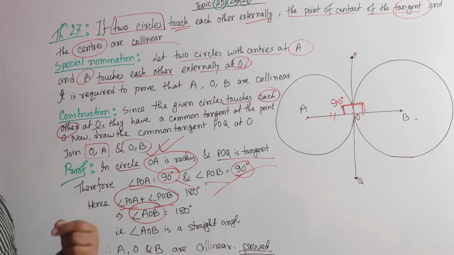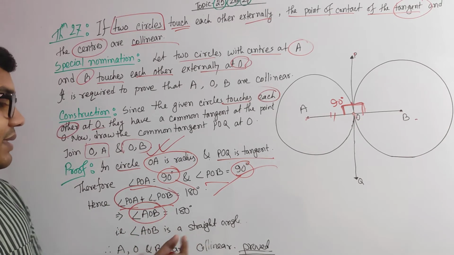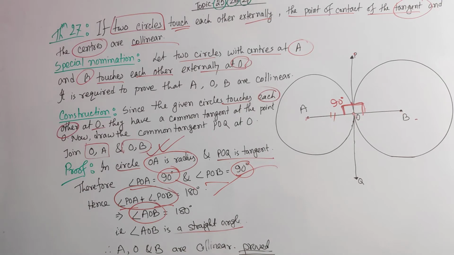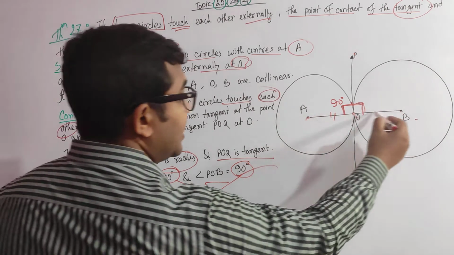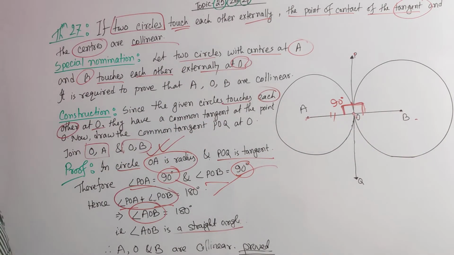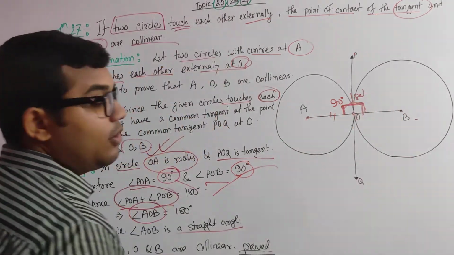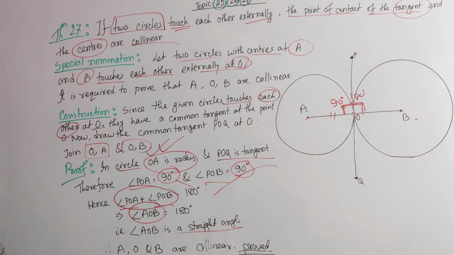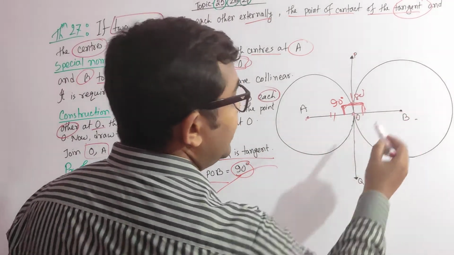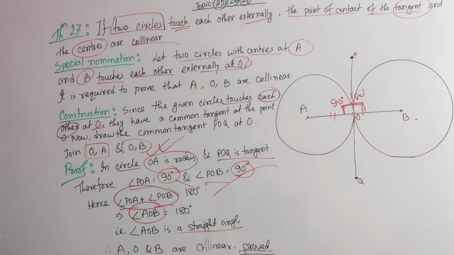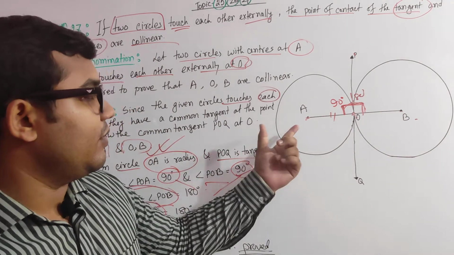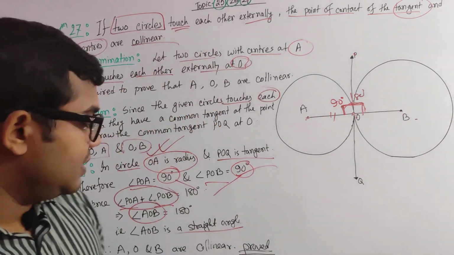Now AOB is a straight angle, that is 180 degrees, so AOB is nothing but collinear. Collinear means they remain on the same line, and that is what we had to prove.